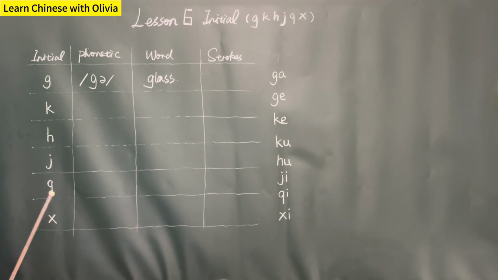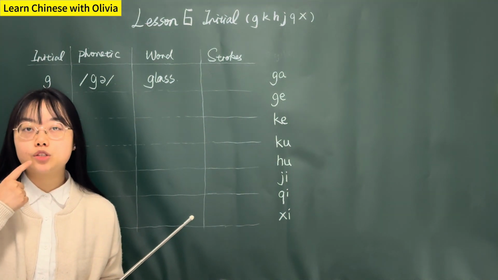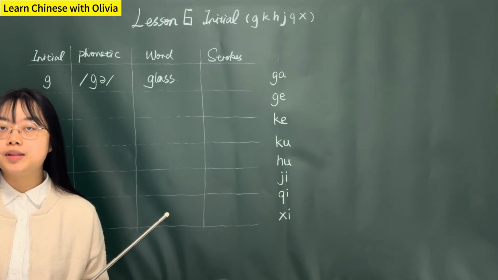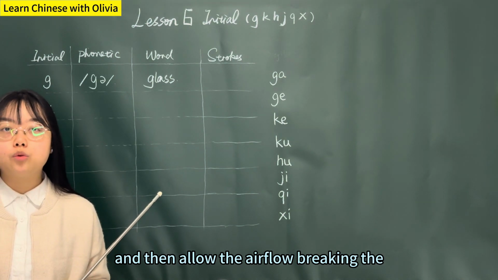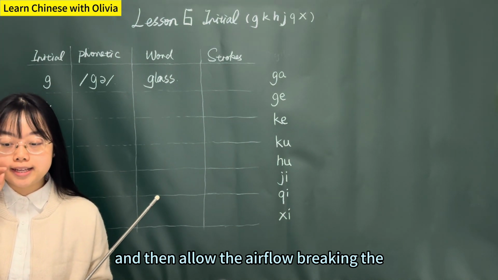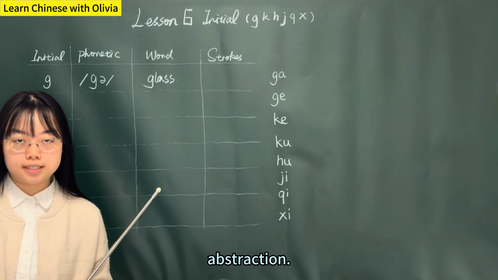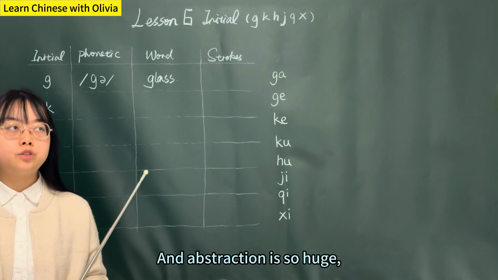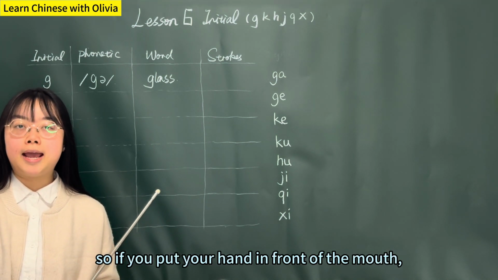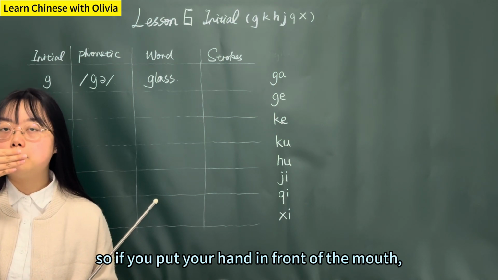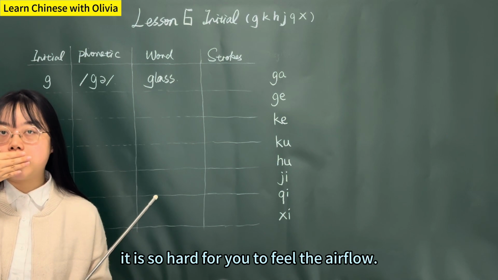And how to pronounce it well? Just press the root of your tongue against the soft palate and then allow the airflow to break the obstruction. Because the obstruction is so huge, if you put your hand in front of the mouth, it is so hard for you to feel the airflow.